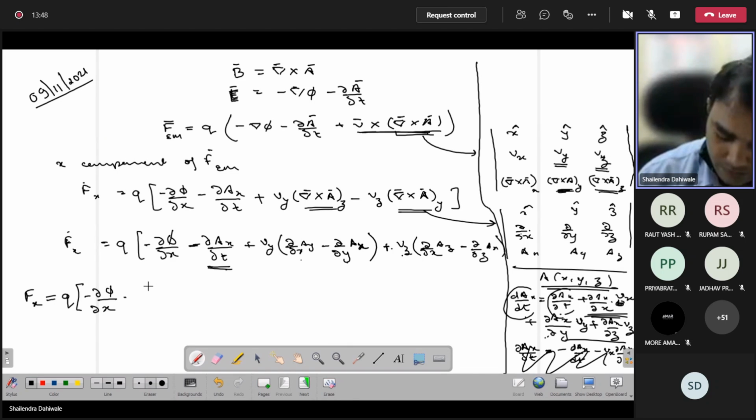So what you have is minus dAx by dt, and then plus this Vx del Ax by del x plus Vy del Ax by del y, and then this term plus Vz del Ax by del z.